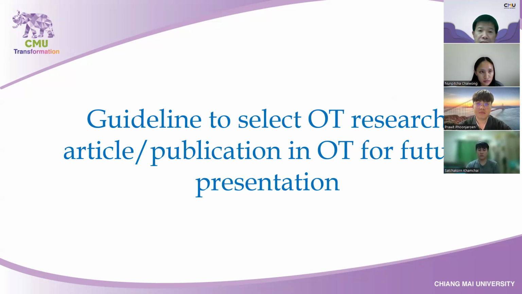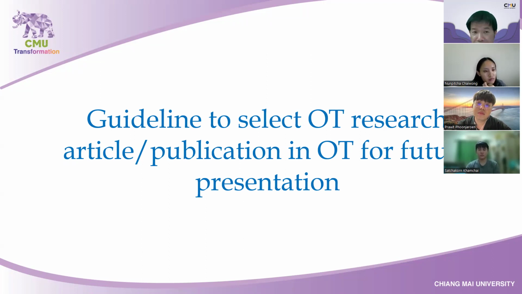Okay. Guideline to select an OT research article or research publication for OT in the future. The one thing you need to know is the standard in the world now. We receive the field-weighted citation index in OT.